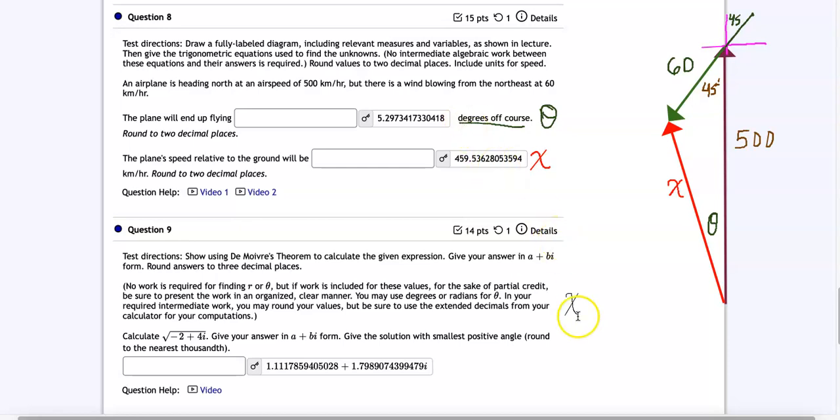Now, once you have x, you can then use law of sines to figure out what theta is. So let me set that one up next. And so you have sine theta over 60 is equal to sine 45 over 459.53628. And then you're going to want to cross multiply.